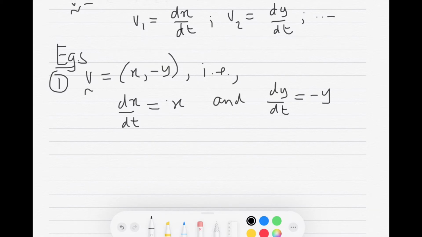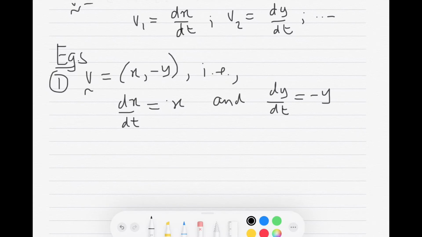So these are 2 simple differential equations to solve. We can either solve them independently, so these will be 2 separate differential equations. We could solve for x in terms of t, y in terms of t, or, and this is only possible in the 2-dimensional case, 2-dimensional meaning there are 2 components, referring to the xy system of axes.